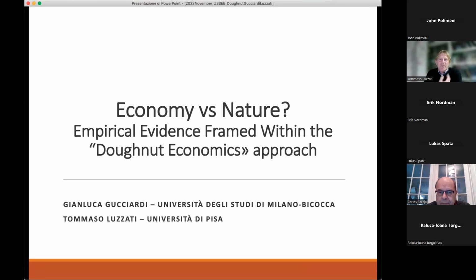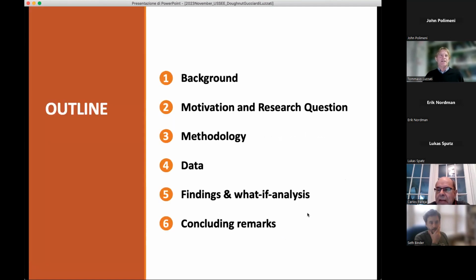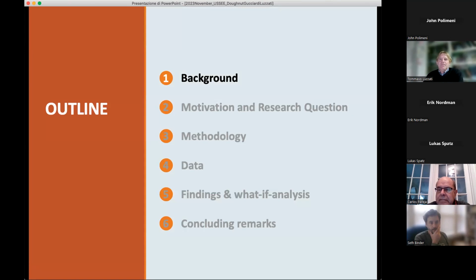The attempt is to look for some empirical evidence using the donut economics approach. The purpose of this work is to provide a new assessment metric for the concept of a safe and just space for humanity, as proposed by Kate Raworth and represented as a donut.